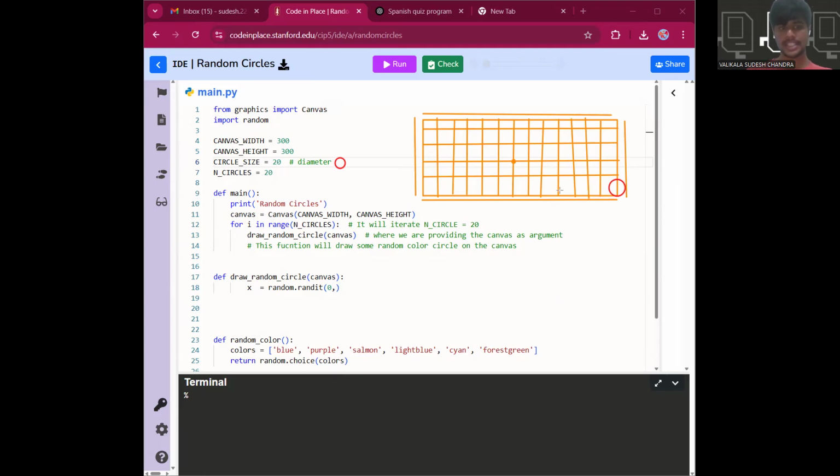Once again, I'm telling you this again and again because there are two confusing parts in this code. One thing is we need to ensure that the circle does not go outside. For that, we are considering only this part, some section of the canvas, so that the circle can always be inside the canvas.